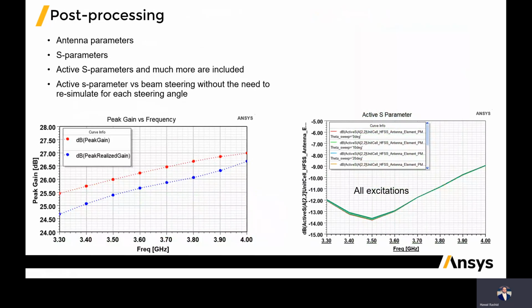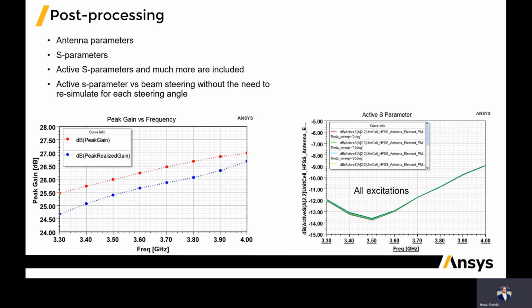So looking at post-processing, once the simulation is finished, we have access to all antenna parameters. We have access to S parameters, active S parameters. Figures here show the peak gain versus frequency.